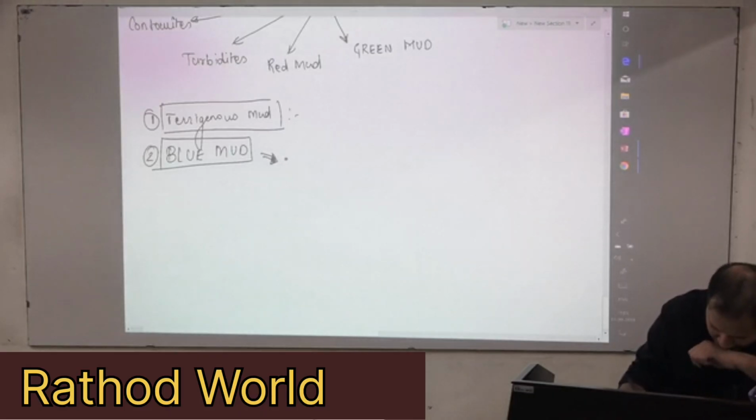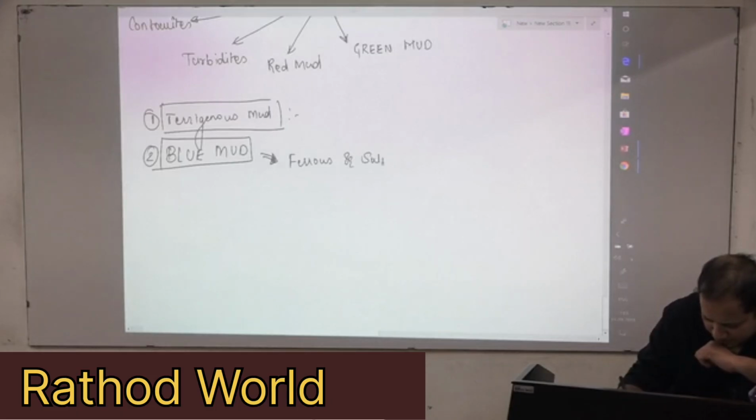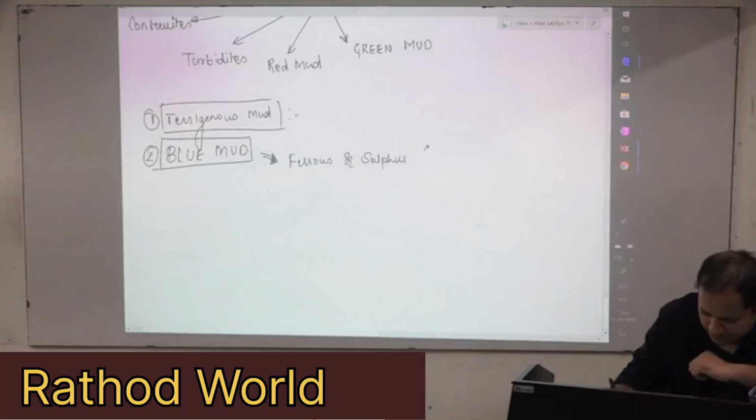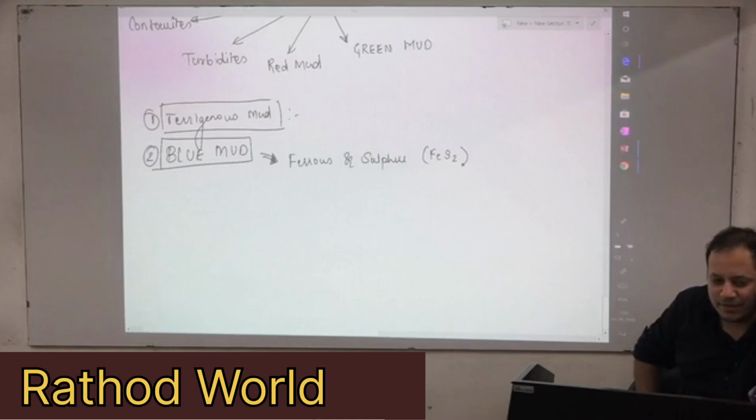Full stop. The blue mud is made up of iron and sulfur, FeS2. What is the FeS2?